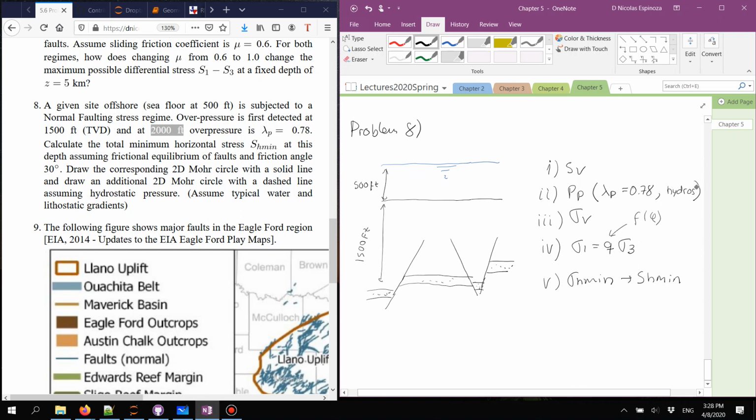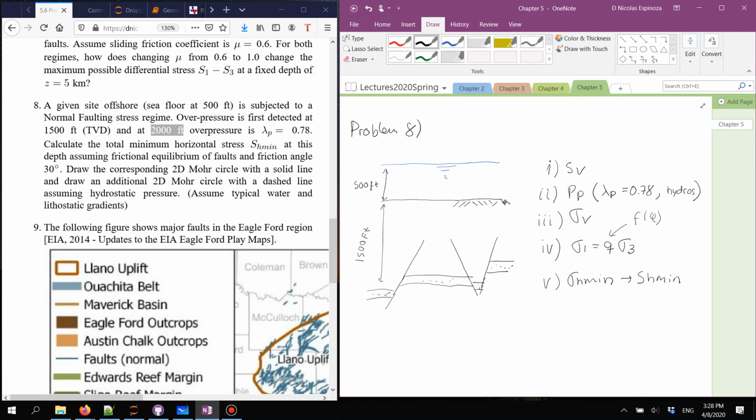Okay, so these are going to be two solutions. I just want you to capture and see the effect of having a much lower pore pressure and how that's going to affect the size of the Mohr circle in this particular case.